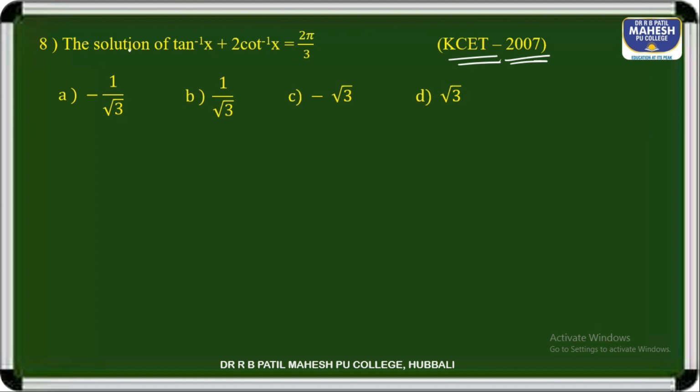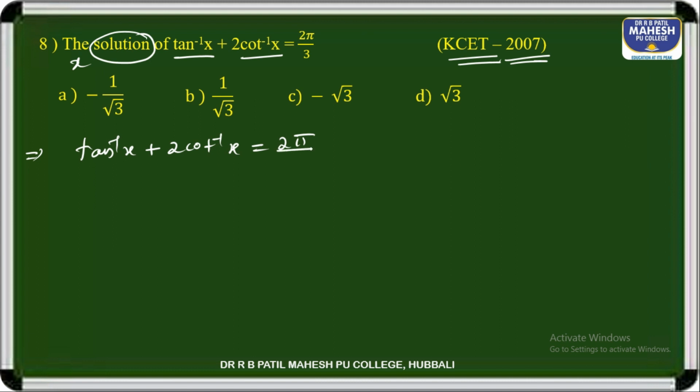The solution of tan inverse x plus 2 cot inverse x equal to 2 pi by 3. What I said, the solution means it is an inverse trigonometric equation. They are asking for the solution, which means you need to find out the x value, remember that. So the given expression, tan inverse x plus 2 cot inverse x is equal to 2 pi by 3. Dear students, just by looking at the LHS, you can think over that.